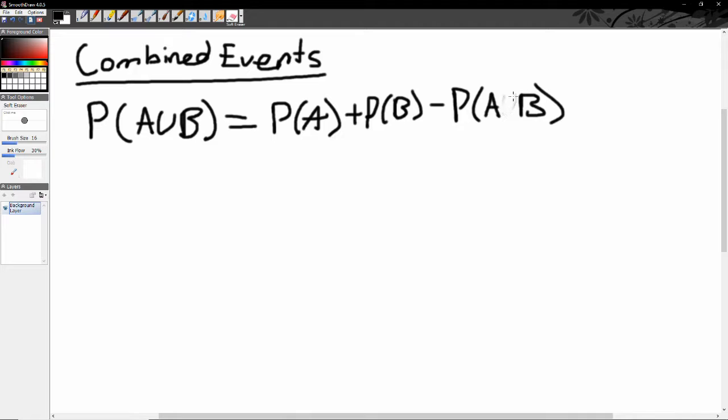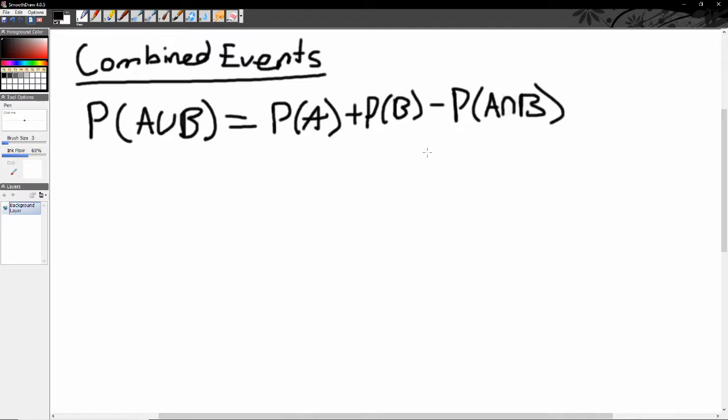I said the right thing, but I wrote the wrong symbol. It's the probability of A and B. There's also the chance that both A and B happen at the same time. If you included that probability, you would double count and get a number too high, so you just want to subtract that out.